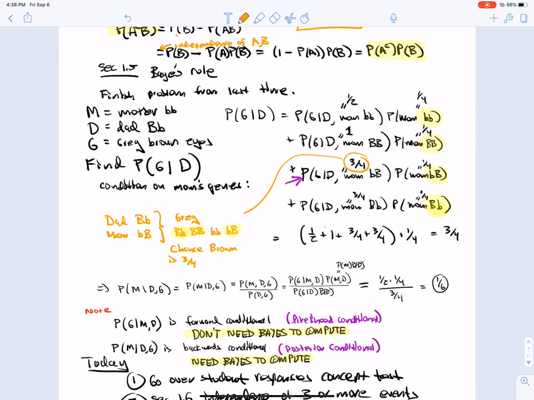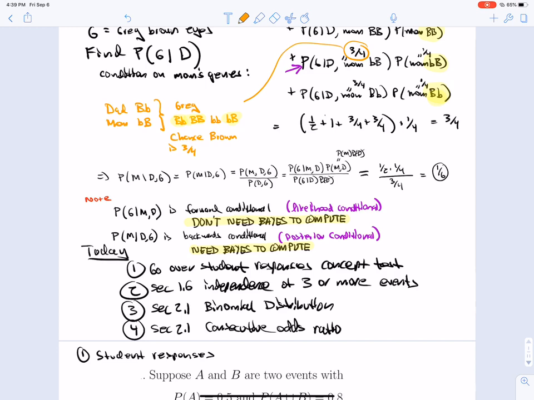And the probability that the mom has blue eyes, given that the dad is heterozygous and Greg has brown eyes, is a backward conditional. It's kind of backwards, right? Because you're asked something about the mother given what the son's genotype is. So this is also called a posterior conditional. We found it's 1/6, which updates the prior that the mother having blue eyes has probability 1/4.